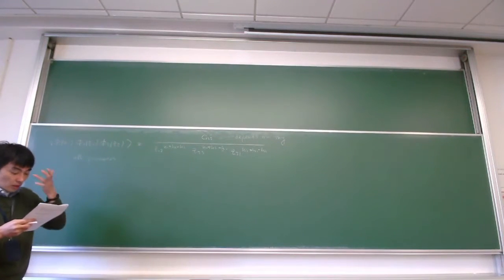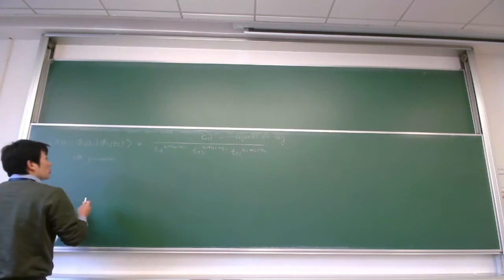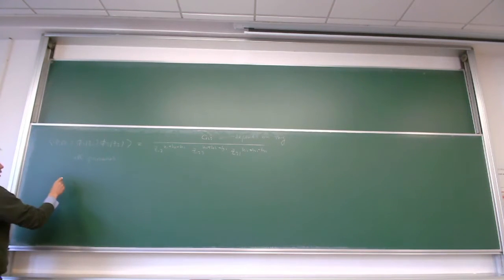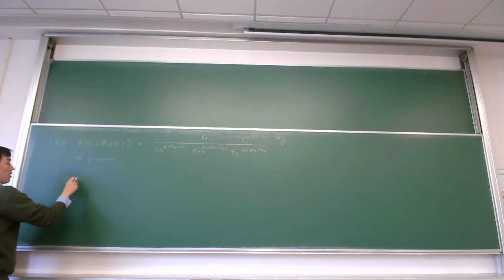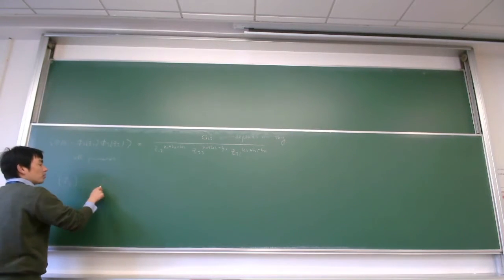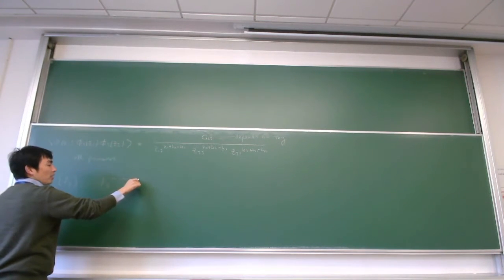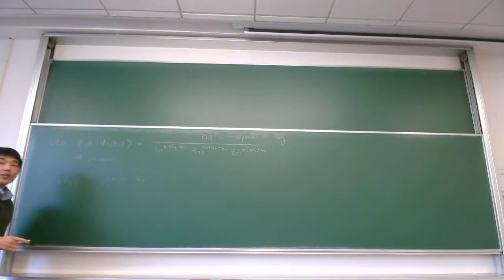And moreover, if you consider some descendant, the conformal family of phi 3 has lots of descendants. You can consider the conformal family, and it contains whatever, my notation, L minus n1, and so on. So descendants you can consider.